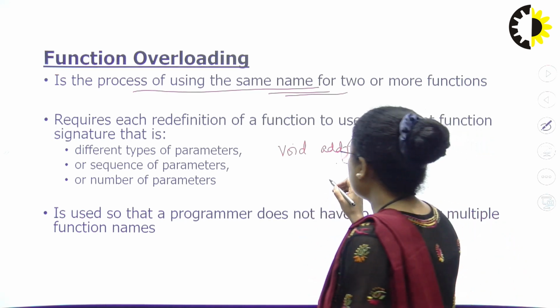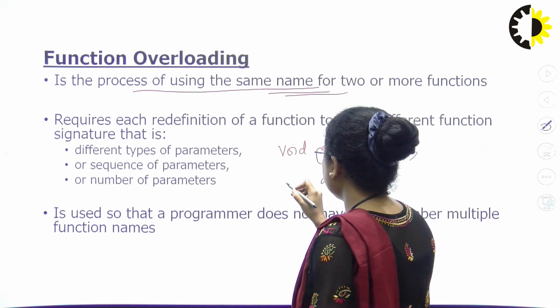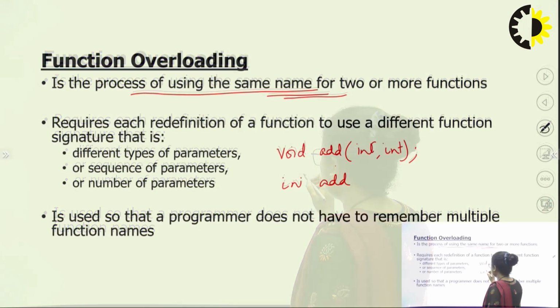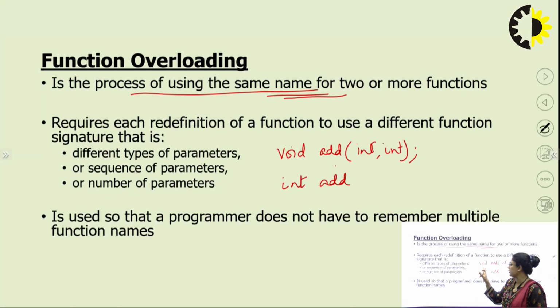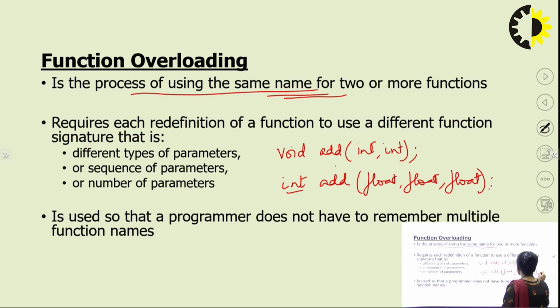Fine. Now we have another function named add. Maybe the return type is different. In the previous example, the return type is void, meaning there is no return value. Here the return type is integer, and for that particular scenario, we are presuming a case where we are passing three arguments of floating point type. So here if you see, we have the same function name.